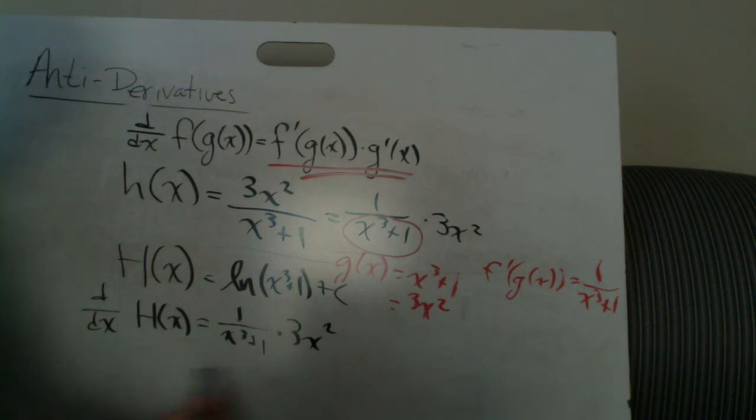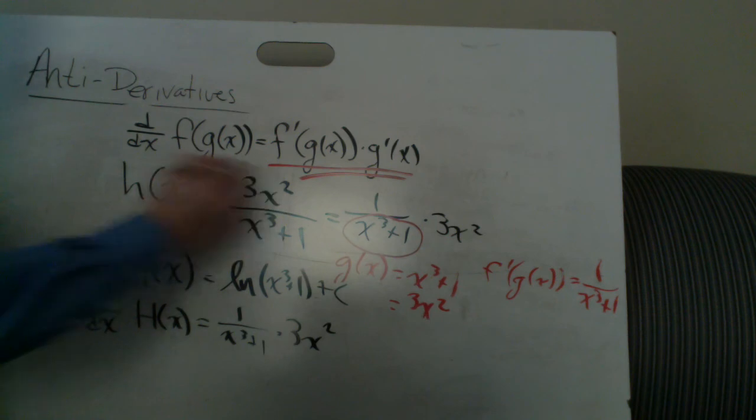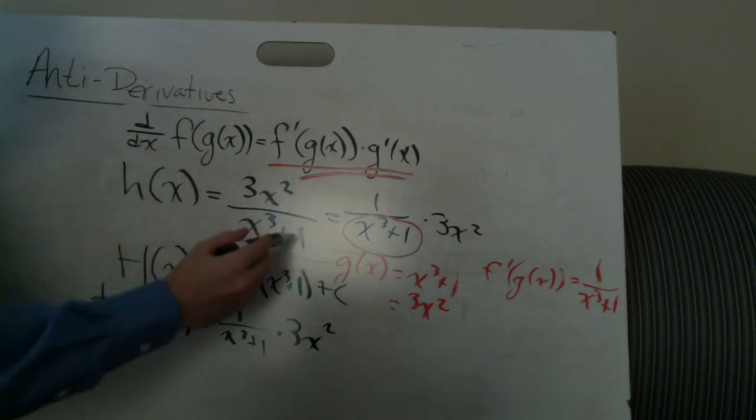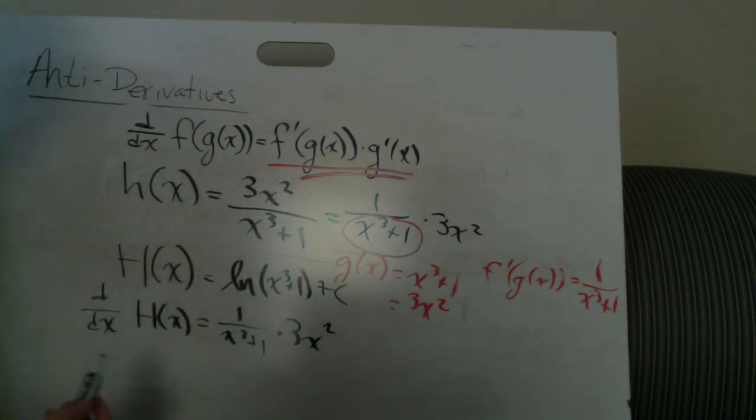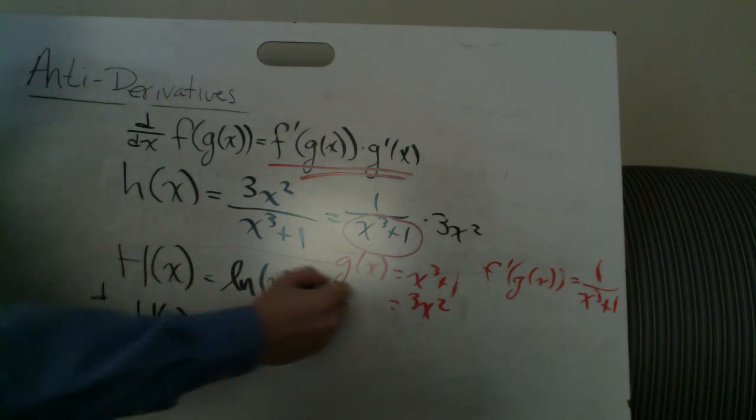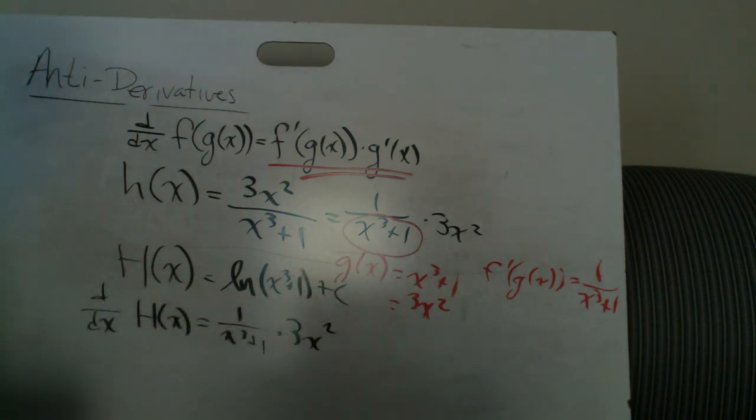This derivative is exactly the function we started with, h of x. That's really good. That tells us that we did it correctly. And in fact, capital H is the correct antiderivative for lowercase h in this case.